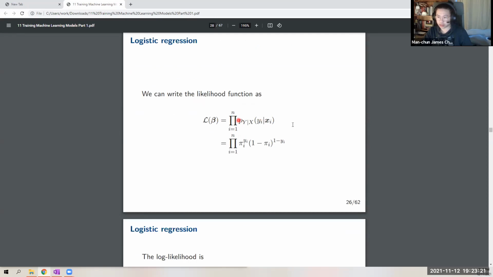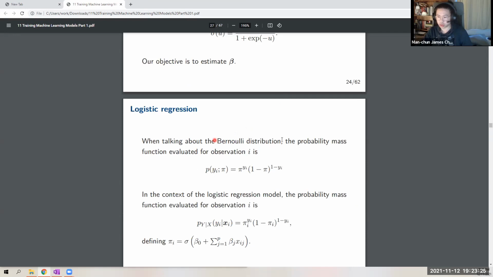So this is the likelihood function. This becomes the likelihood function if we assume it's a Bernoulli distribution.